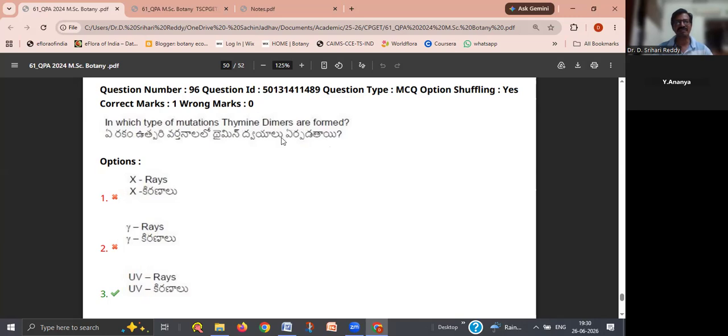It is also one type of mutation. The options are X-rays, gamma rays, UV rays, beta rays. UV rays is the right answer.